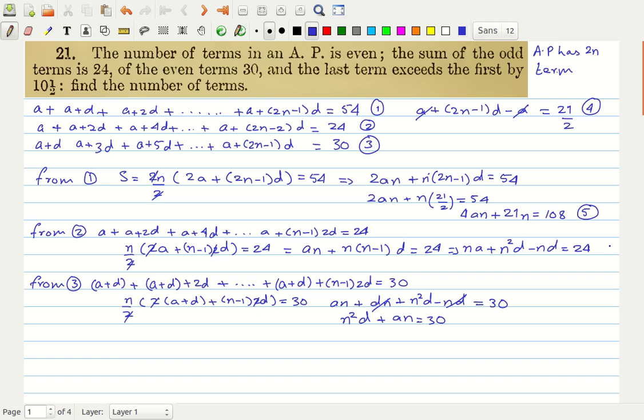So let us say that this is equation number 6 and this is equation number 7.